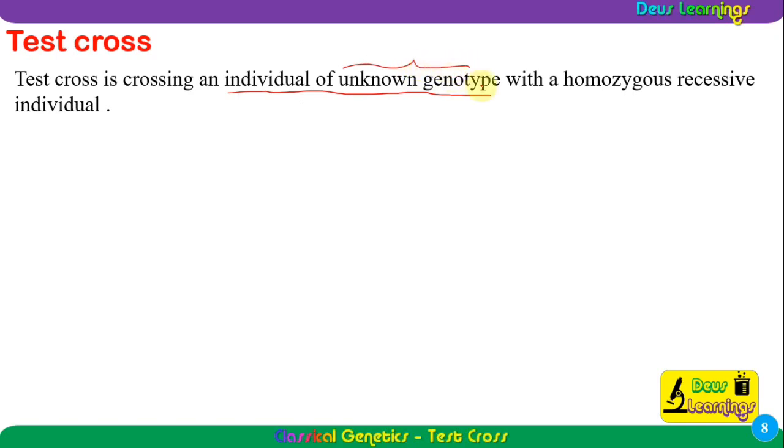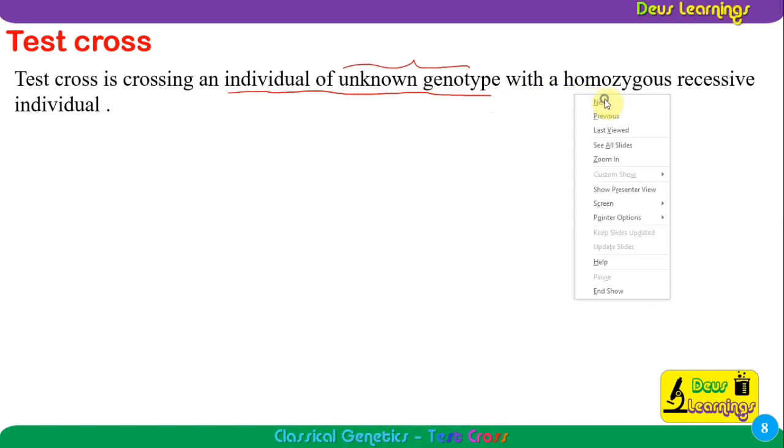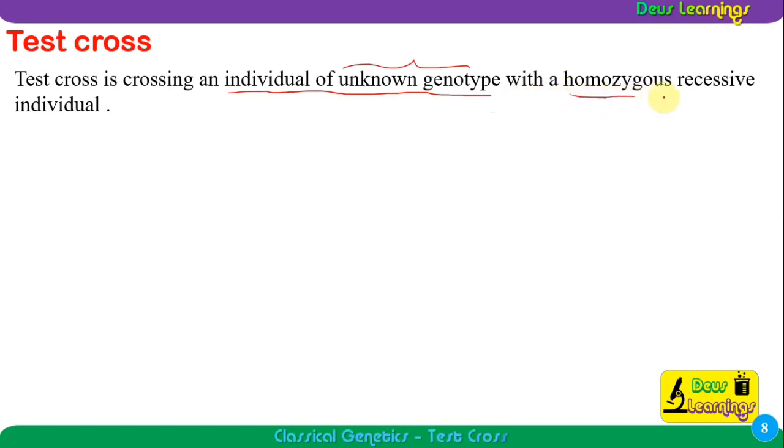So what we do is cross it with a homozygous recessive individual, and if we do that, what will happen? Do you remember? Let's check it out.